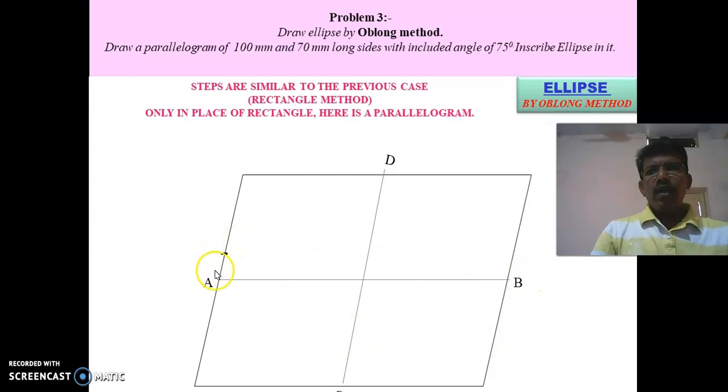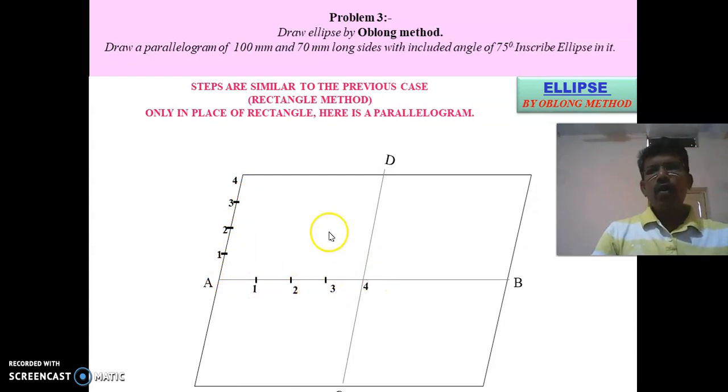After constructing the major axis, minor axis and the parallelogram, divide the side from A to the corner into a number of equal parts: 1, 2 and 3, and this point 4. Next, divide the line A to O, that is point A to the midpoint of the major axis, into the same number of equal divisions. This is 1, 2, 3, and the midpoint as 4.